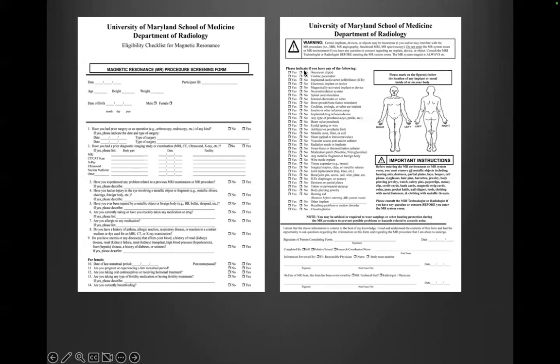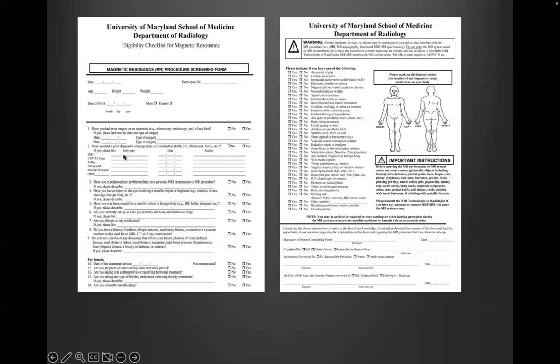When you are answering these questions, just go through them, because sometimes if you only do the back of the sheet, you see it's asking about all these different devices and you'll just say no, no, no, no, no. But if they are yes, you are supposed to mark it on the body diagram there. And then the patient, or subject, is supposed to sign, and whoever does the checklist is also going to sign there, and our technologists are going to sign as well on the day of the MRI.